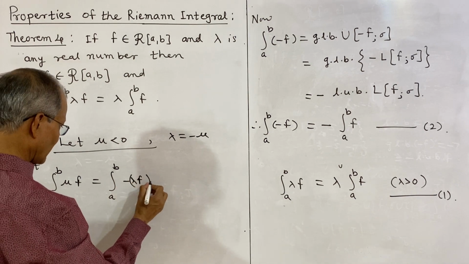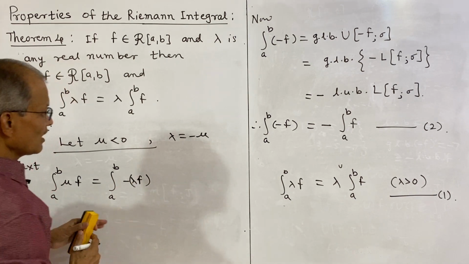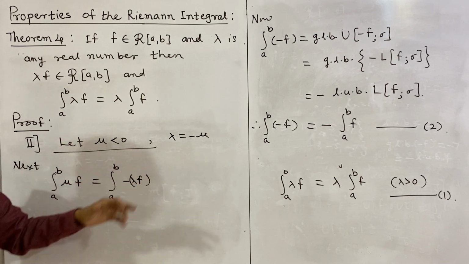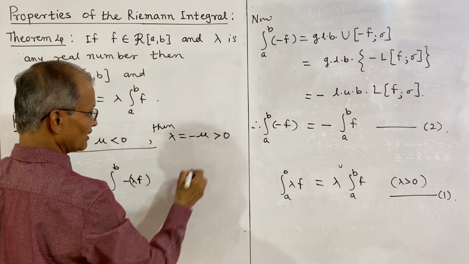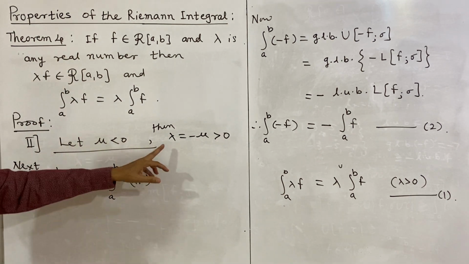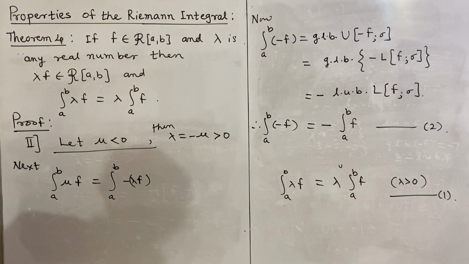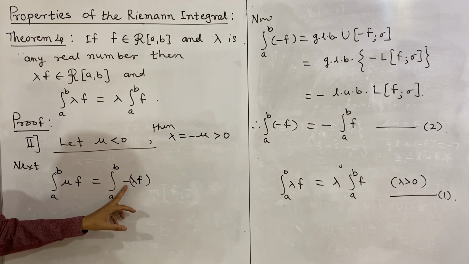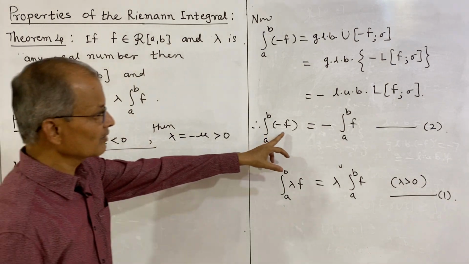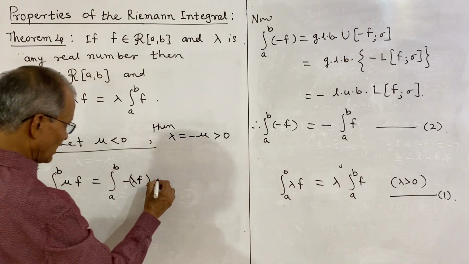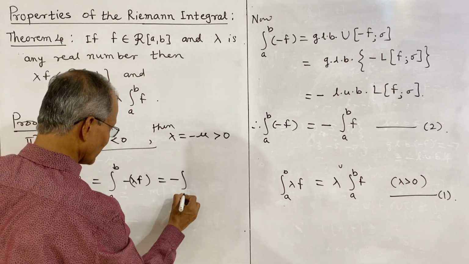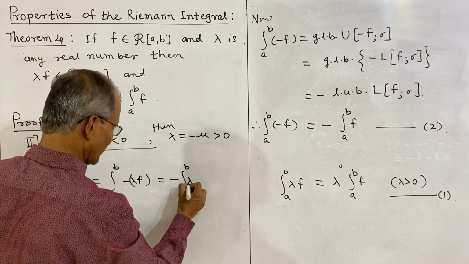Since mu is negative, lambda, which is negative mu, will be greater than 0, that is positive. But this negative sign we can write outside the integral by the second result, and I shall write negative integral from a to b of lambda f.